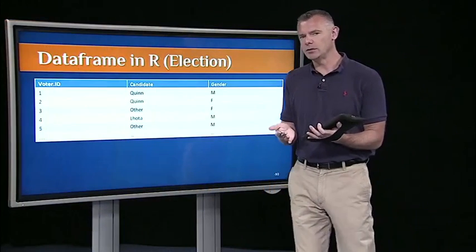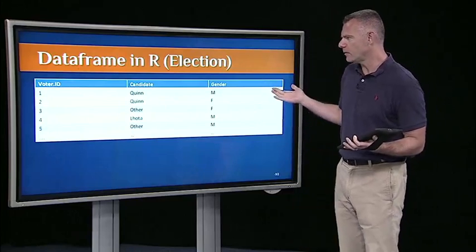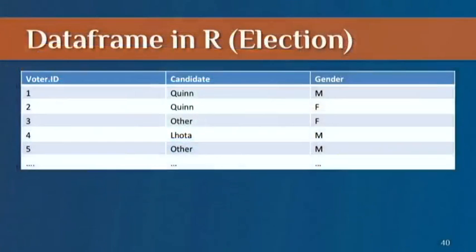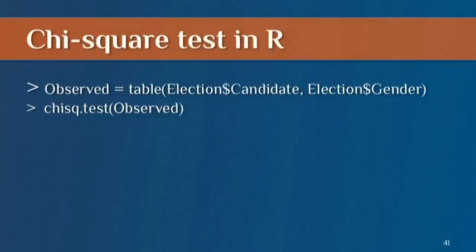Again, let's look at how we would do this in R. Your data frame would look something like this, where you have the information for each voter represented on a row. What we need to do is use the table function in R with our election data frame.